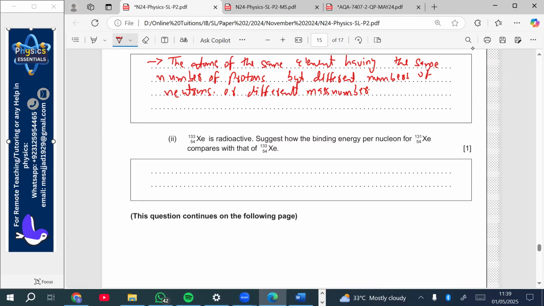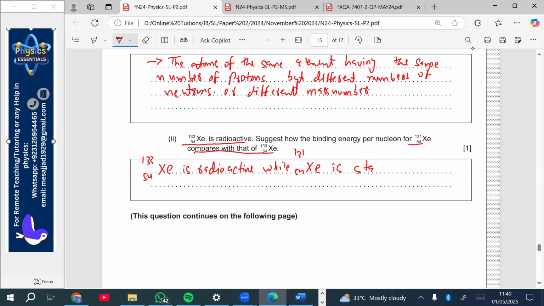So xenon 133 (54) is radioactive. Okay. Suggest how binding energy per nucleon for xenon 131 compares with that of xenon 133. So of course, Xe 133 is radioactive, so it means it is unstable, while Xe 131 (54) is stable.